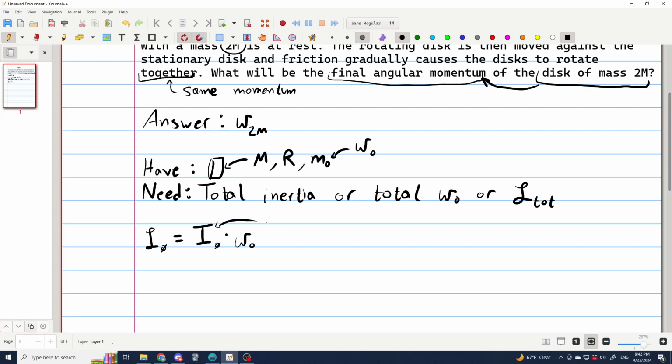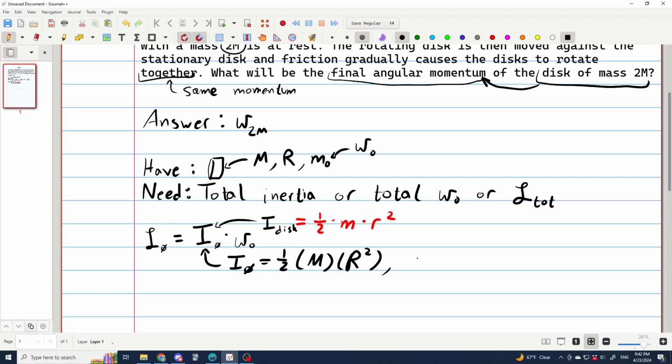For a cylinder, since this is a disk, which is basically a cylinder, I for a disk is going to be equal to 1/2 times whatever the mass is times the radius squared. They don't give us numbers, but they do give us these variables. So it's going to be 1/2 times the mass capital M times our radius capital R squared.